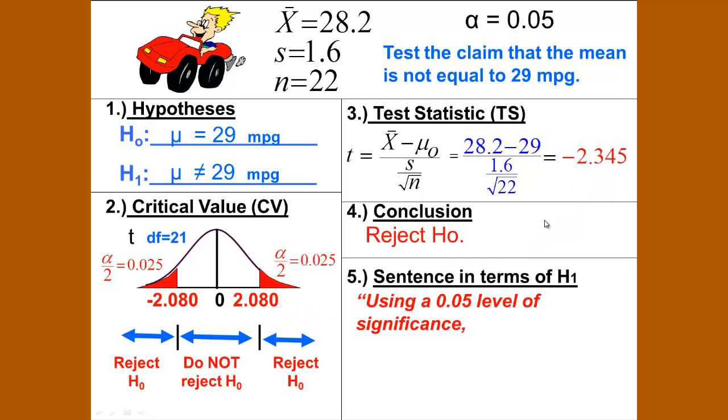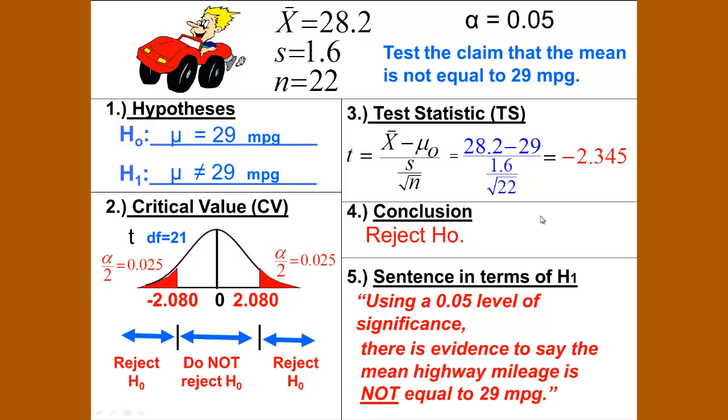So our sentence would be, using a 0.05 level of significance, there is enough evidence, or there is evidence to say the mean highway mileage is not equal to 29 miles per gallon. And this down here is just a restatement of the claim. But there is evidence to say, because we rejected H0.